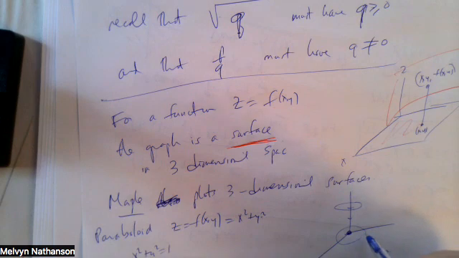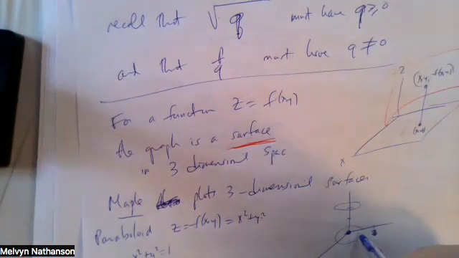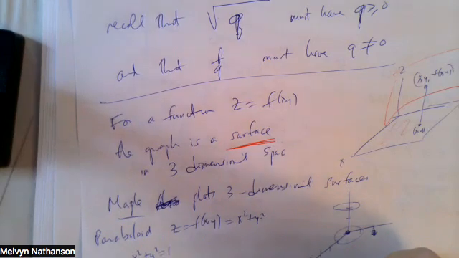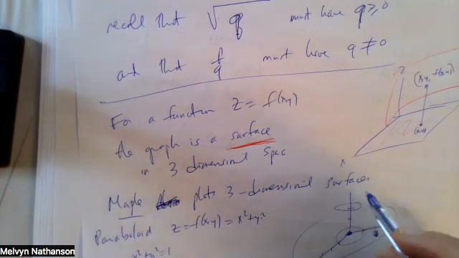If you look at the circle, x squared plus y squared equals 4, that's a circle of radius 2. The height of the function is 4.